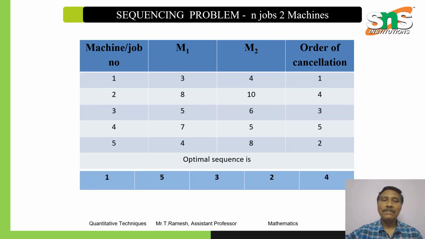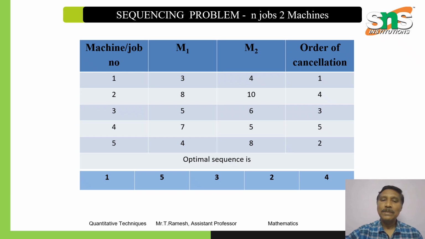So how do we calculate this? First we write the sequencing order, which job to take first. So write all the five jobs and their machine durations. First, among machine one and machine two, which time taken is the minimum? So the durations are 3, 4, 8, 10, 5, 6, 7, 5, and 4, 8.